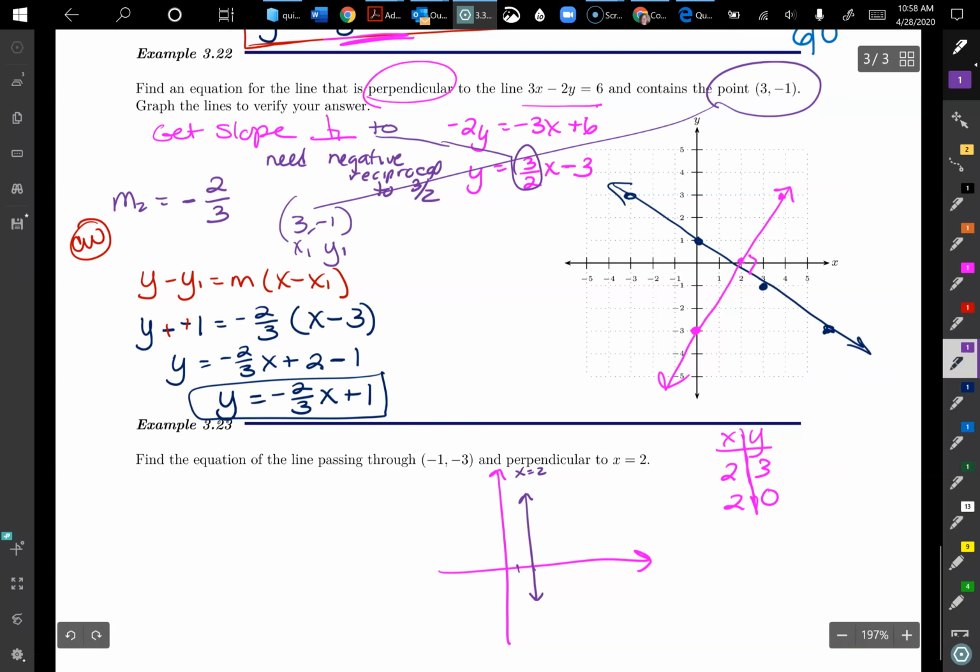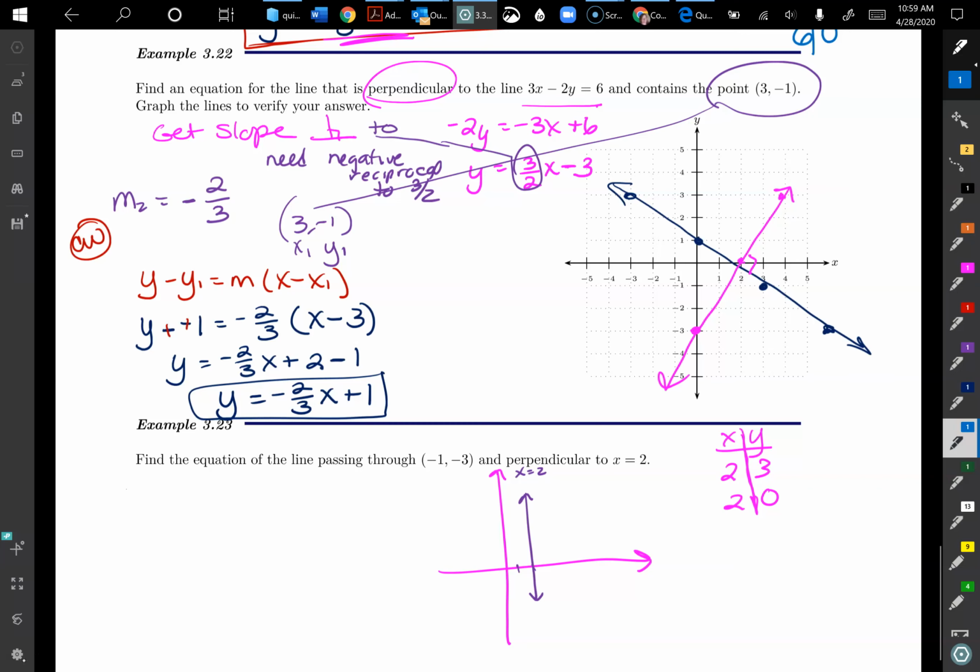It's kind of tricky to think, well, how do I figure out the negative reciprocal if my slope is undefined? Well, what would be perpendicular to a vertical line would be a horizontal line, and we know the slope of a horizontal line is 0.